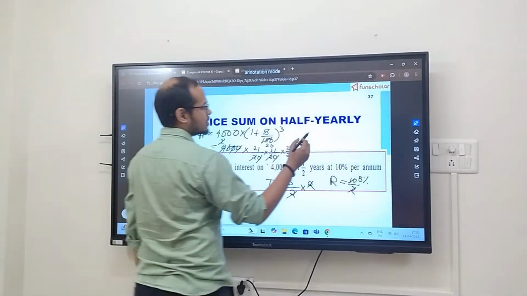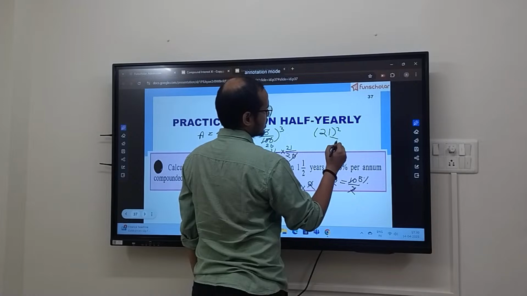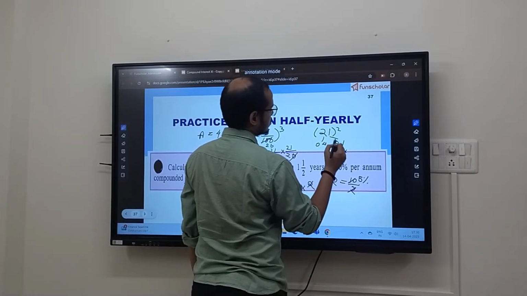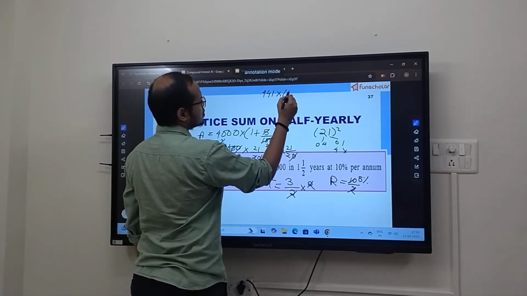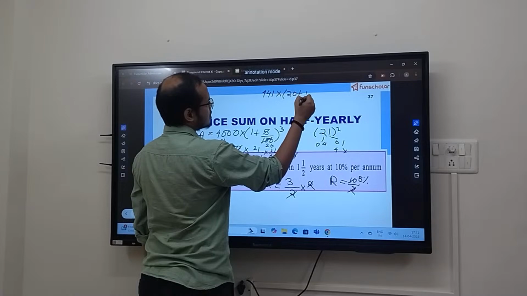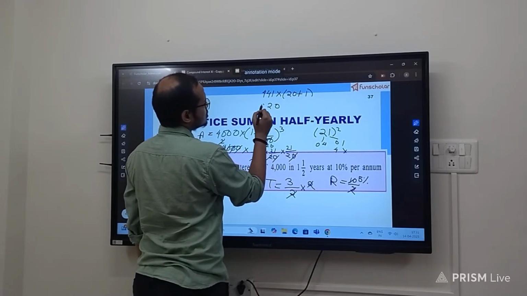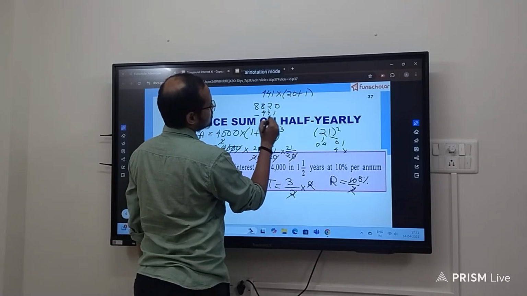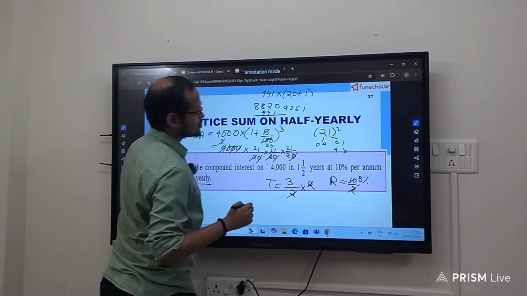So 21 cube, 21 square is 441, 441 into 20 plus 1. So 8820 plus 441, which is 9261.